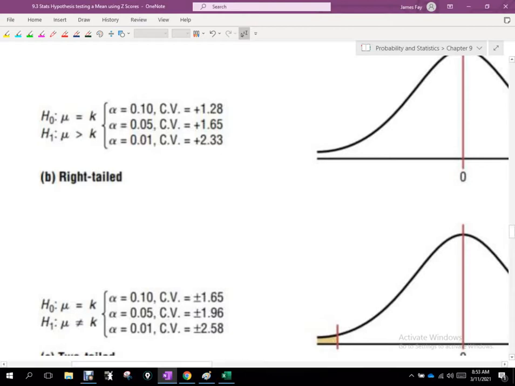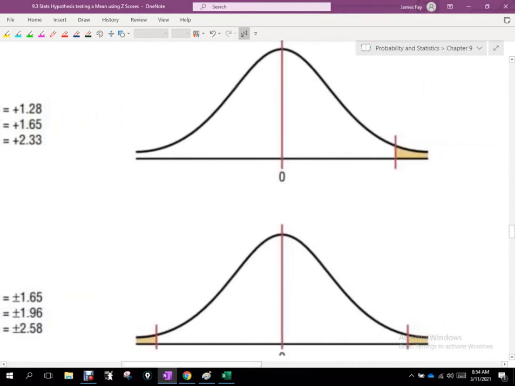The critical value breaks our normal distribution into either 2 or 3 regions. Here would be 3, here would be 2, right? And this is the area that is going to decide whether to reject the null hypothesis. So when we have data, they might give us process data, so they might give us sigma, our sample mean, and n.